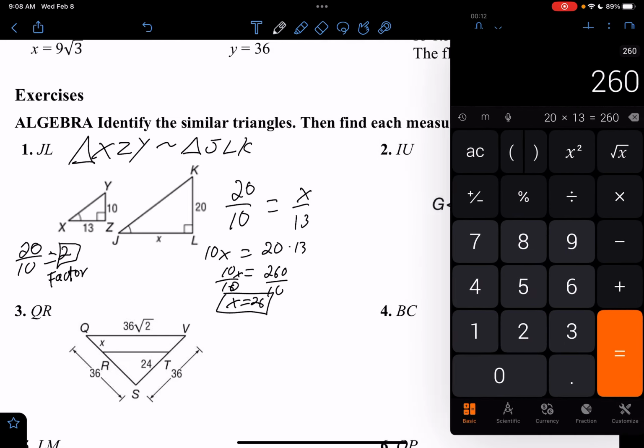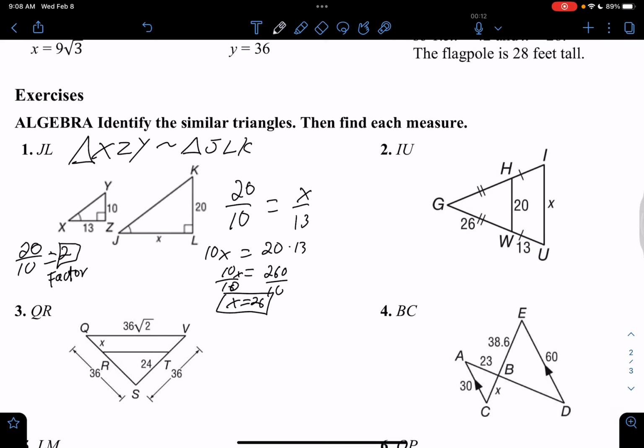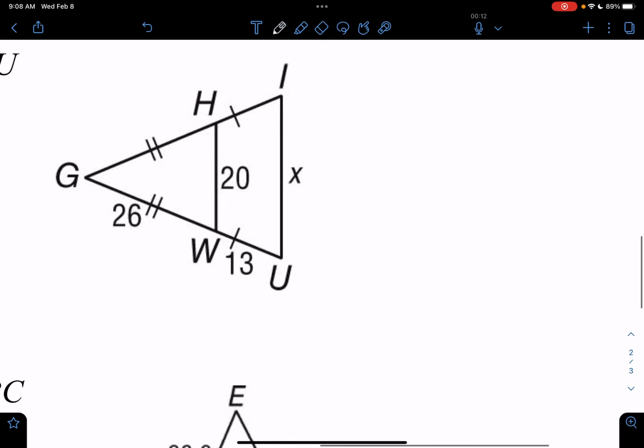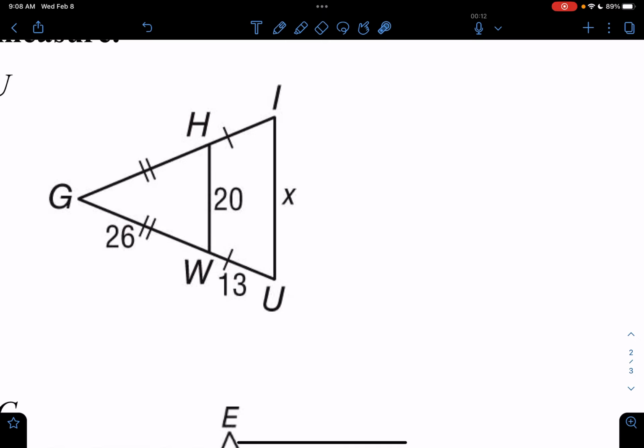Right, let's go to problem number 2. And let's see if we can simplify this a little bit. We'll look and we say, I see a small triangle. I see a big triangle. I see that the small triangle is isosceles.